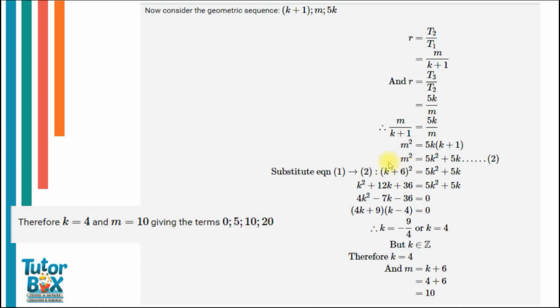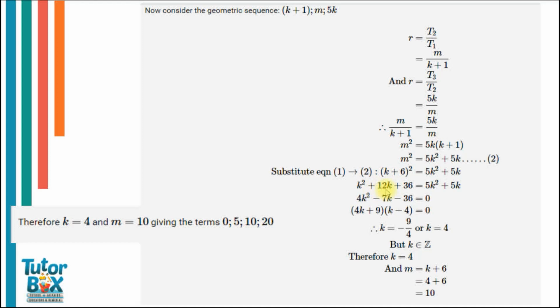Guys, if you're not sure how I got from this step to this step, please just revise your grade 10 algebra. It's very easy, okay? You just expand this and use your FOIL, right? So you should get k squared plus 12k plus 36 is equal to 5k squared plus 5k, right? And then if I take this k squared and put it on the other side, I get 5k squared minus k squared, I get 4k squared.